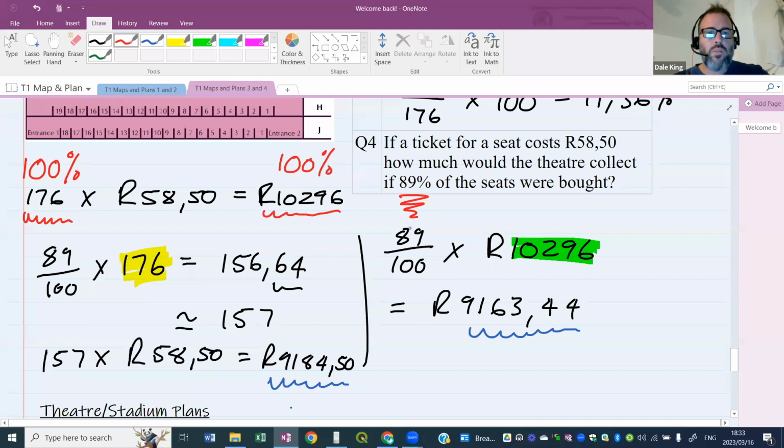So they're both 100%. If we multiply 89% by either of these, the seat numbers or the Rand value, we should get the same answer. Something changed somewhere. So we made a slight little difference in one of the calculations. We detoured slightly. There is a difference because the first answer is from the tickets that were bought and the second one is for percentage.